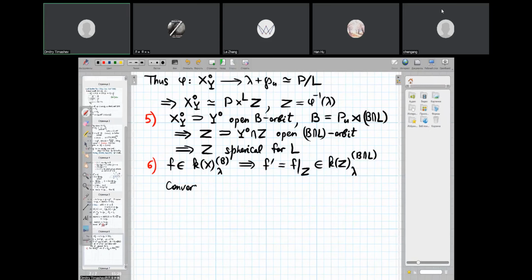And conversely, well, the first implication in 6 is because B acts transitively on the fibers, right? Because B contains PU. Yes, PU just permutes the fibers. So if you take any semi-invariant function on Z with respect to the Borel subgroup in L, then it can be uniquely extended to a semi-invariant function on X, or on the open B chart, if you like, by the following formula.